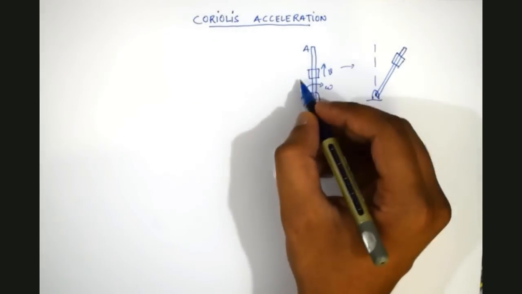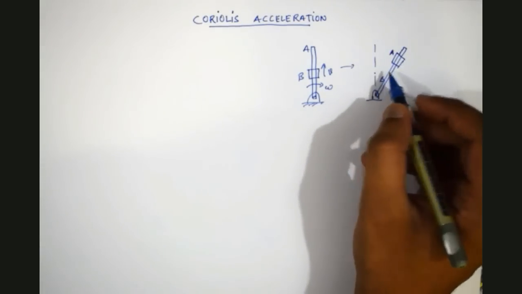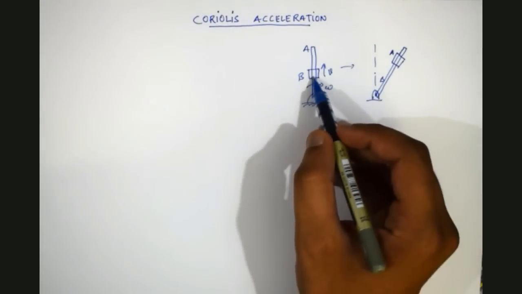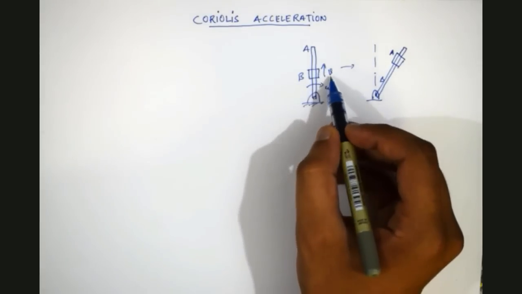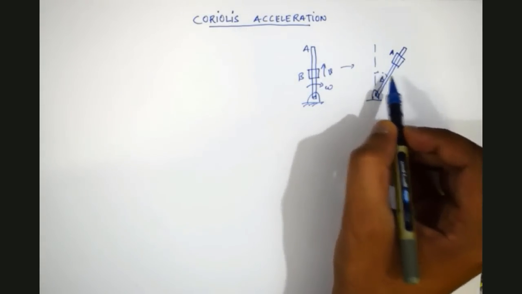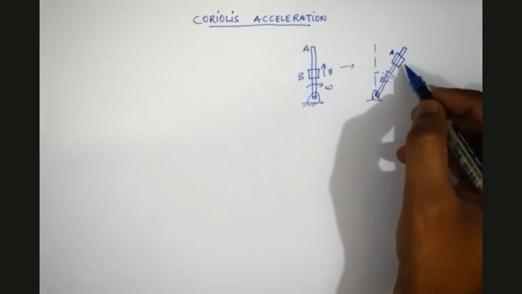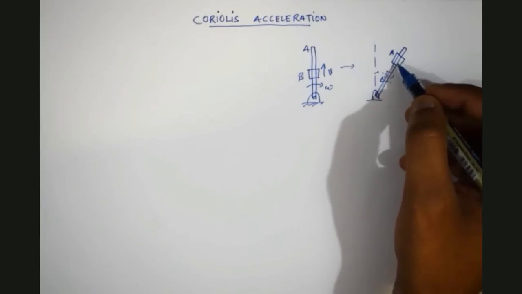This is point A, this is point B. If this slider does not have any velocity, then it should move here like this, but it is having some velocity, so therefore the final position of this slider is here.